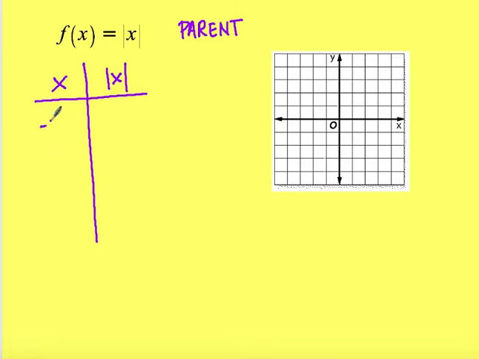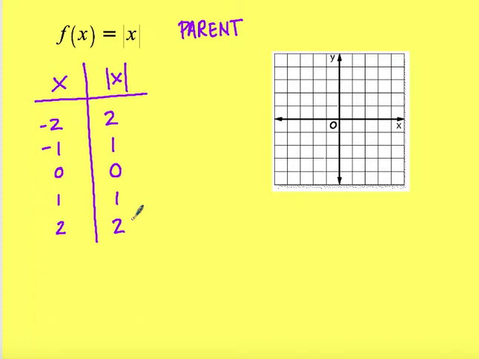If I pick, let's just go right around the origin, -2, and I take the absolute value of that, that's going to become +2. -1, taken the absolute value of, becomes +1. 0 stays 0, the absolute value of 1 is 1, and the absolute value of 2 is 2.